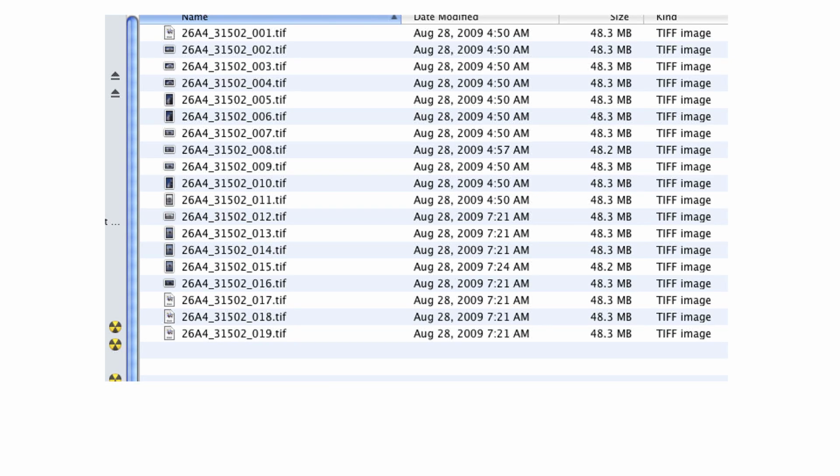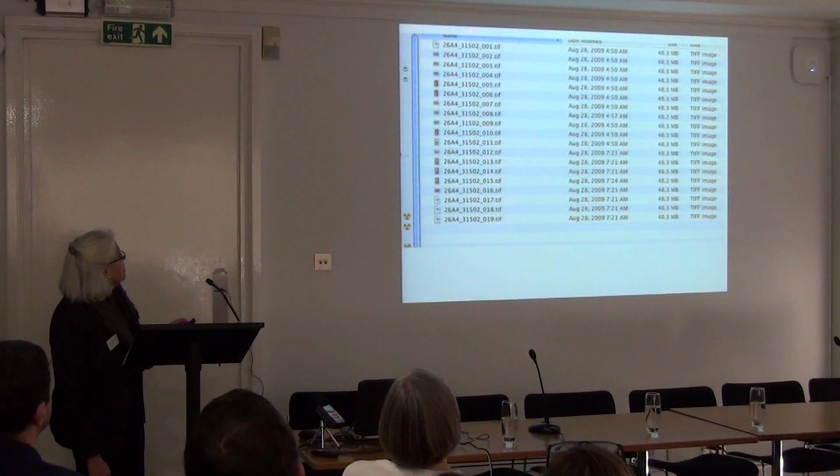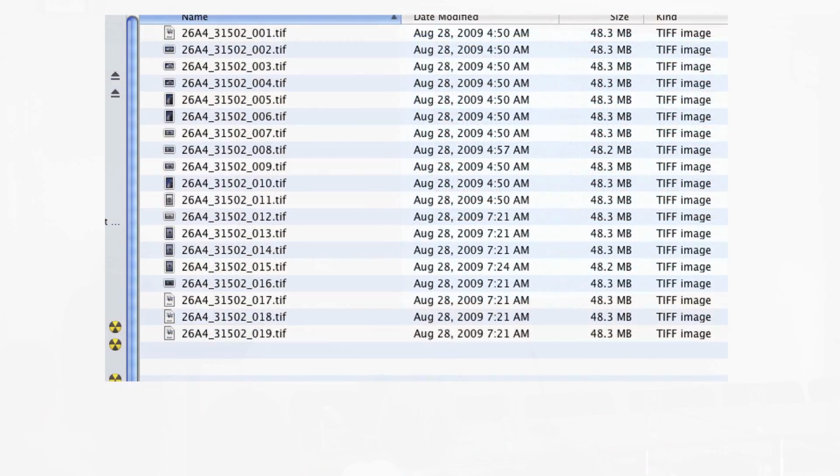To explain a little bit more, in brief, the first segment of the digital name, in this case 26A4, is for the archival series that designates the source and format of the object, in this case evidently digital.